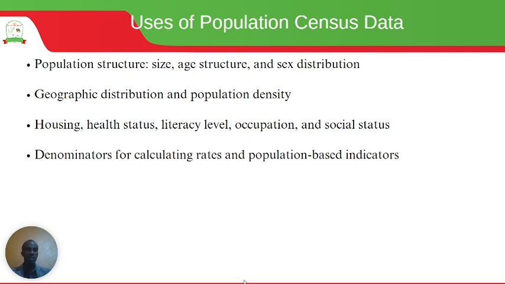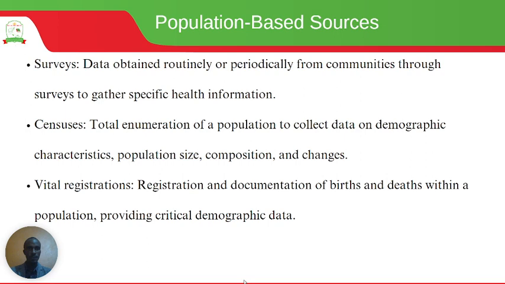It is a big data source, because we can always use it to get denominators for, for example, maternal mortality, infant mortality, under five mortality, overall mortality or crude mortality rates. So we get all these from the data that is collected from the population census.